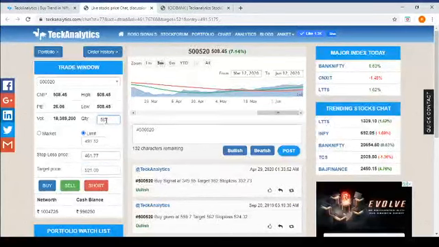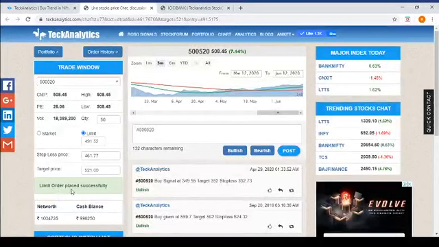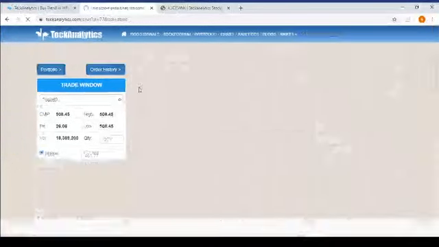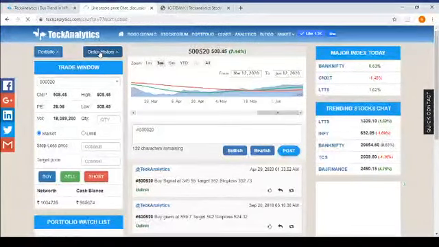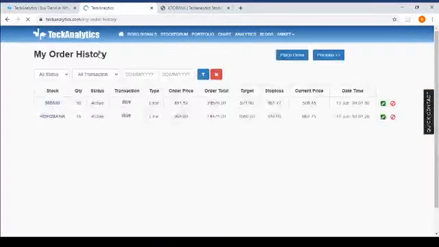Let's say I put 50, at this price. So if I click buy, limit order placed successfully, and I go and see my order history. It says 50 quantity of this stock is active, and the transaction is buy.